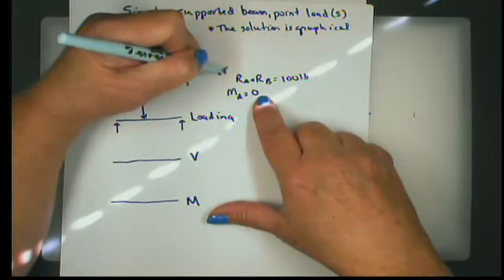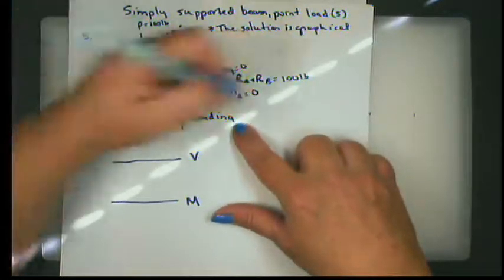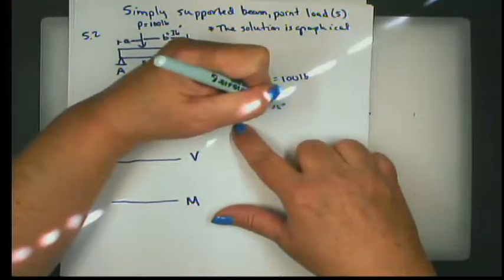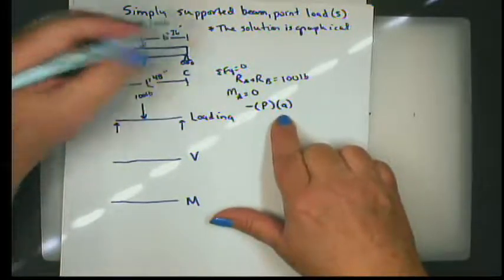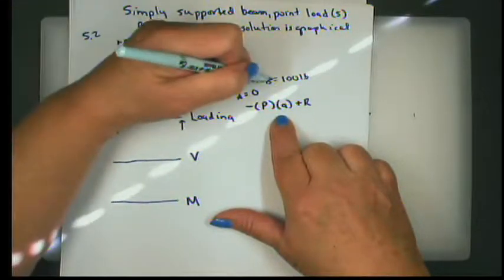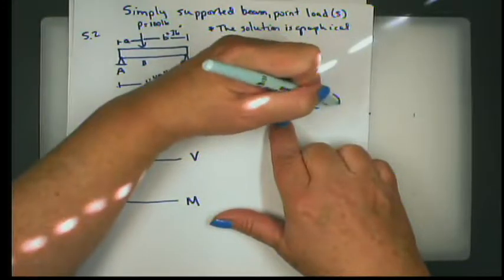This is summation forces Y equals 0. We also know that the summation of moments about A is 0, so we pretend like we have a pin here, and we say that the force P times the distance A produces a clockwise moment, which is negative, about point A, and that the reaction at C times the entire length, which is L, equals 0.